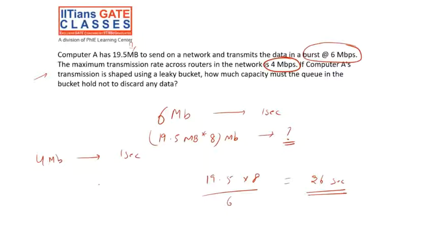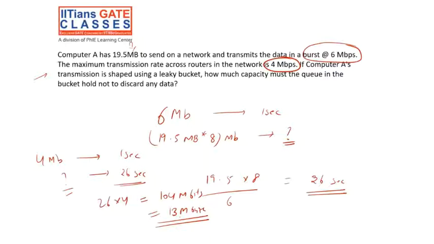In those 26 seconds, how much data can we send? 26 times 4 is around 104 megabits. If you divide by 8 to get bytes, 13 megabytes. That much data we can send at the output rate.